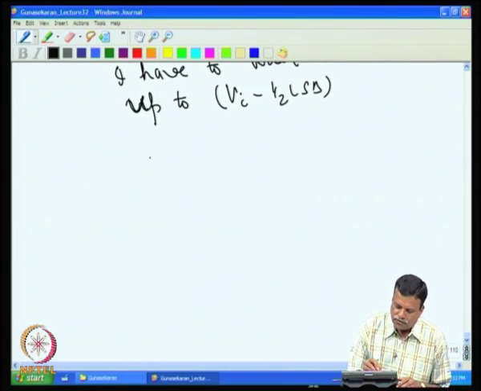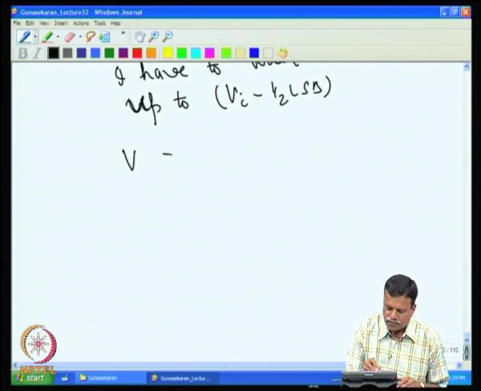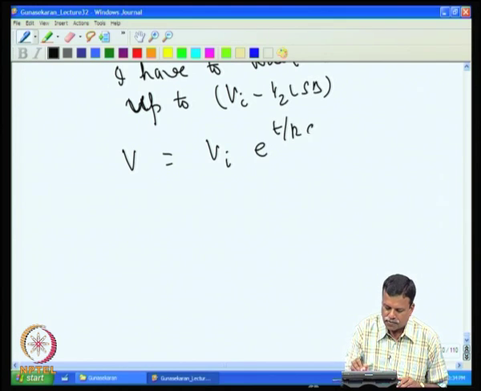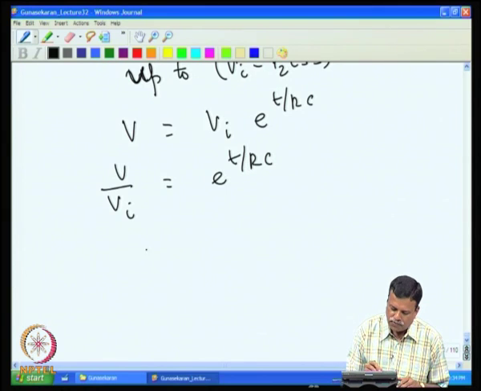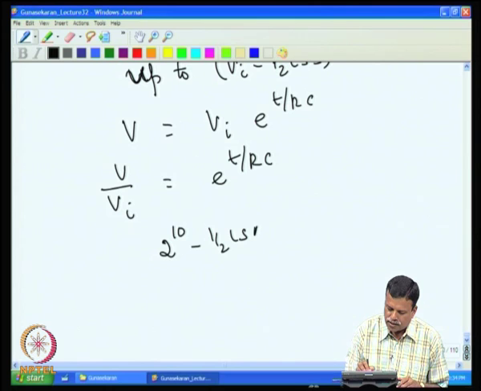Now, we can solve this equation and see that VI comes as VI into e power t by RC. If I simplify this, you get this equation. Now, V by Vi, V has to reach up to half LSB, that means if it is a 10-bit converter, that will be 2 power 10 minus half LSB divided by 2 power 10.